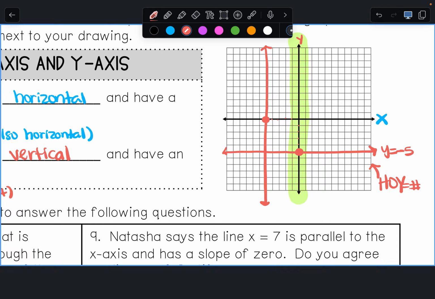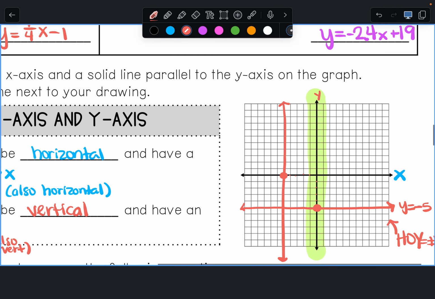Yeah, that was just a coincidence. Since it's a vertical line, what type of acronym do we use for this line? VUX. So that means the equation of this line is going to be x equals -5. It's parallel to the y-axis, but the equation is x equals -5.